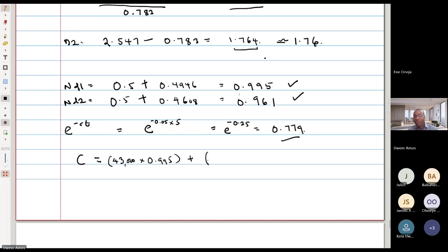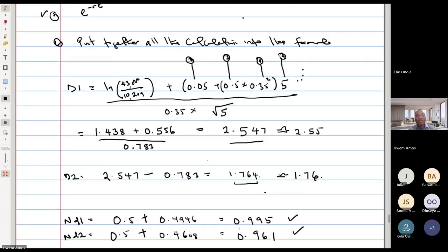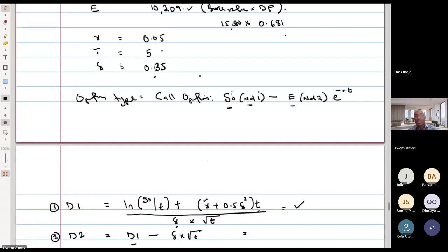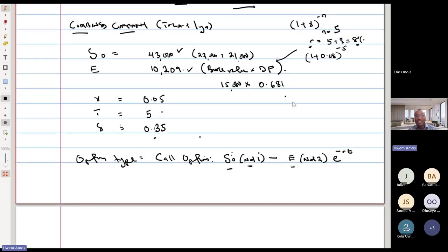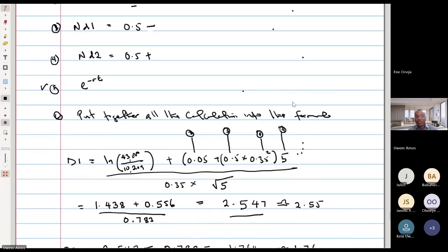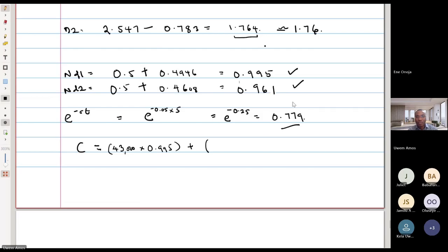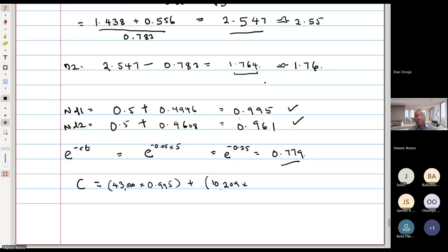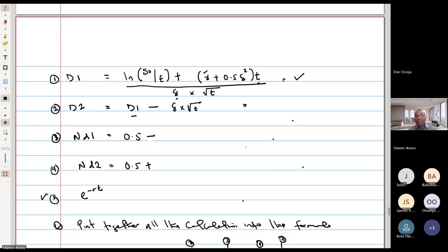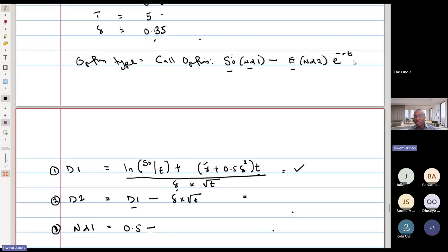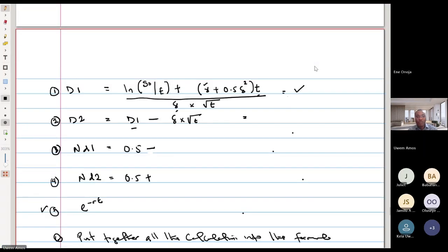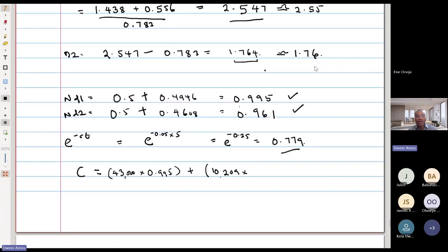Plus E, which we determined as 10209, multiplied by ND2. We just calculated ND2, not too far.